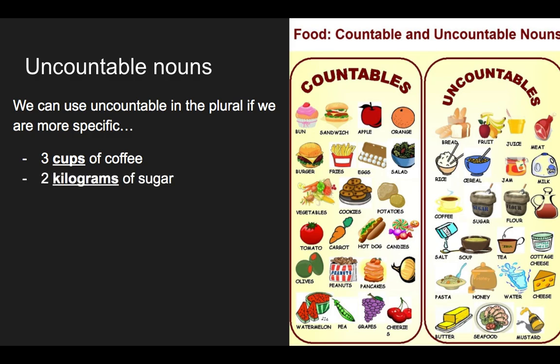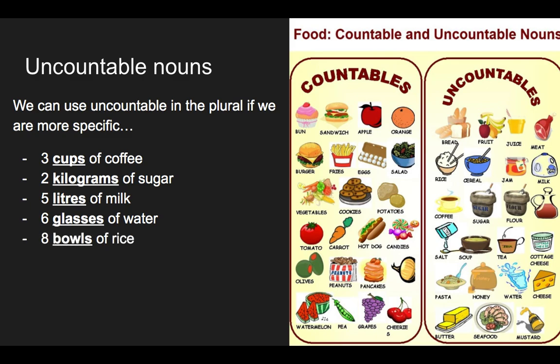So, for example, 3 cups of coffee, 2 kilograms of sugar, 5 litres of milk, 6 glasses of water, 8 bowls of rice, 250 grams of pasta. So if we give a measurement of weight, size, volume, we can talk about multiple items of uncountable nouns.